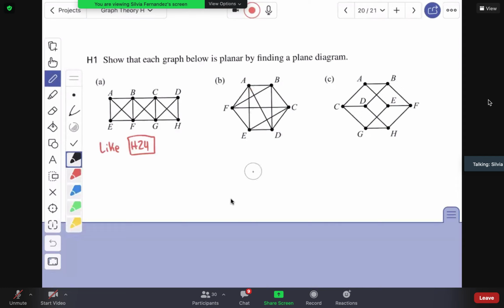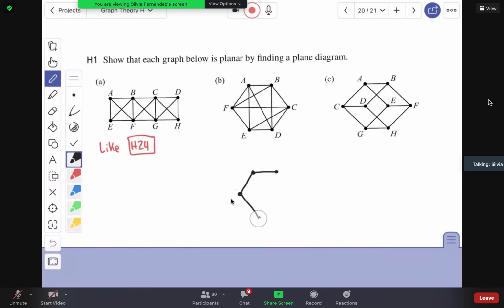So let's see. Can we use Hamilton? Yeah. So my point for H24 is that you can always use that Hamiltonian circuit technique, but in this one you already have a very clear Hamiltonian circuit, right? So this one.